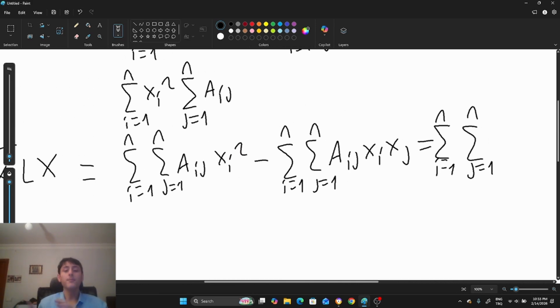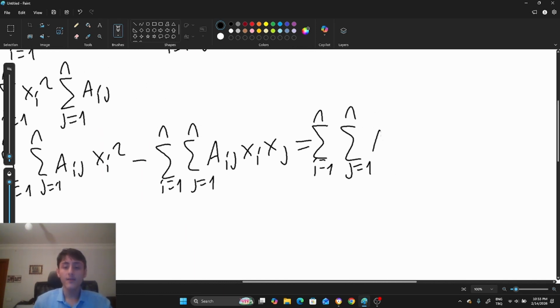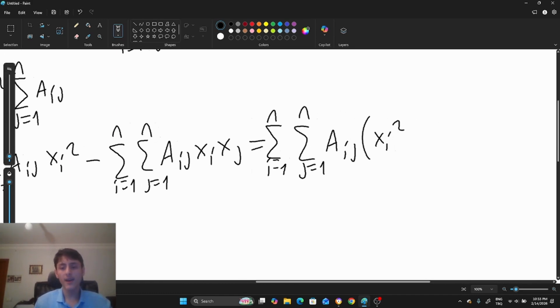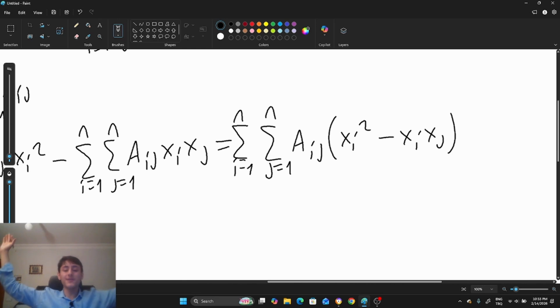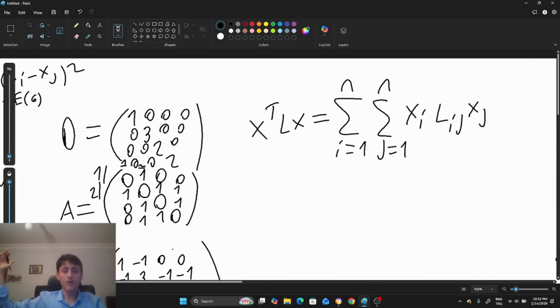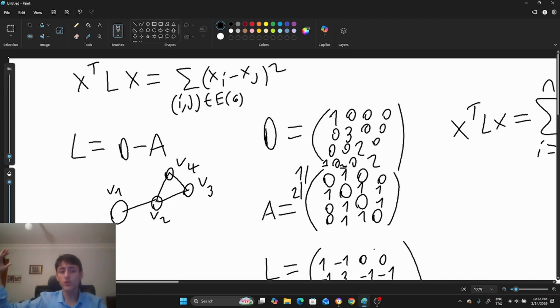We can merge them together, and by taking the adjacency matrix entry ij in parentheses, we can write xi squared minus xixj. Great. Now we merged them together and we have another expression, but it doesn't quite look like our main expression that we need to prove.